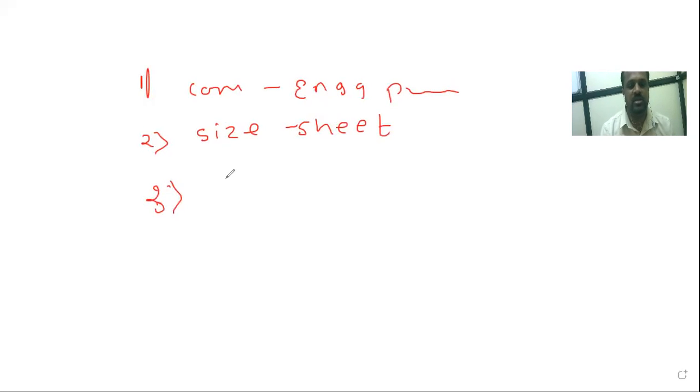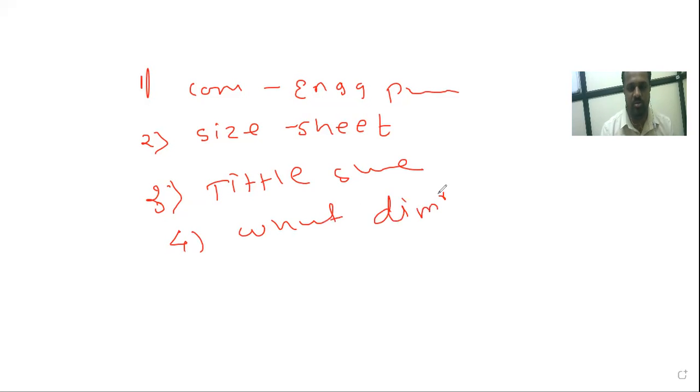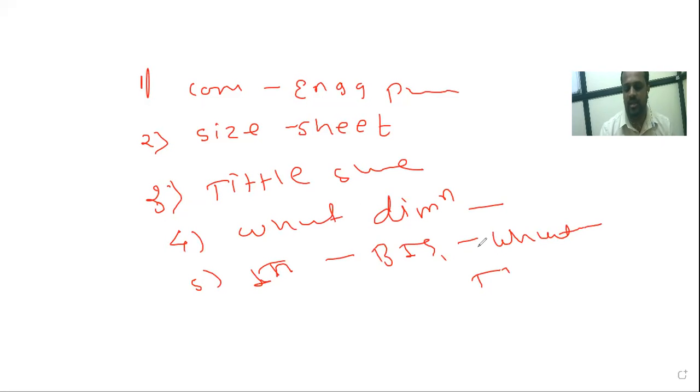Then we studied how to draw the title block on the sheets, what will be the dimensions for the title block, and also we have seen the importance of the BIS convention and which points we have to consider for the title block. That much we covered in the last lecture.